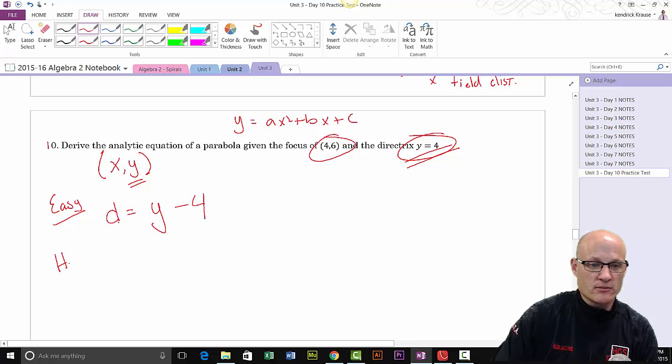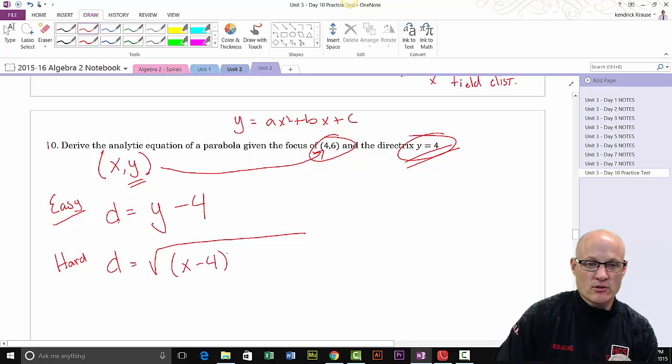Now we're going to do hard. Hard is the distance between the 2 points, between x, y and 4, 6. So we're going to use the distance formula. The square root of x minus 4 squared plus y minus 6 squared.